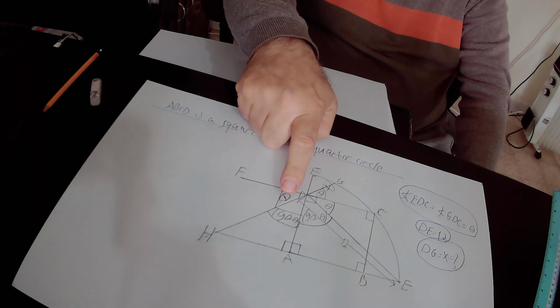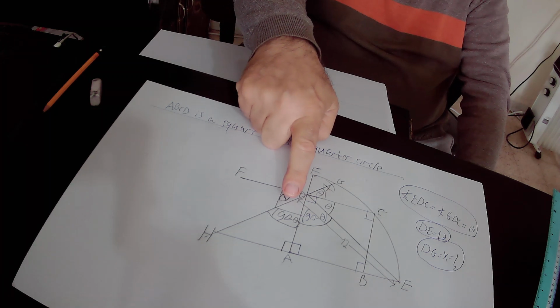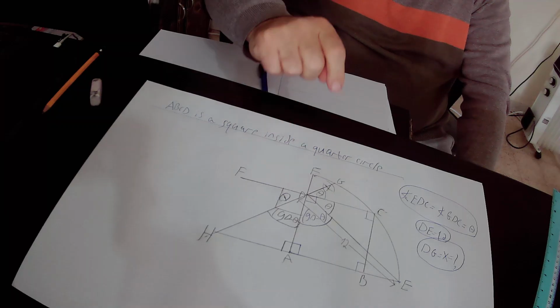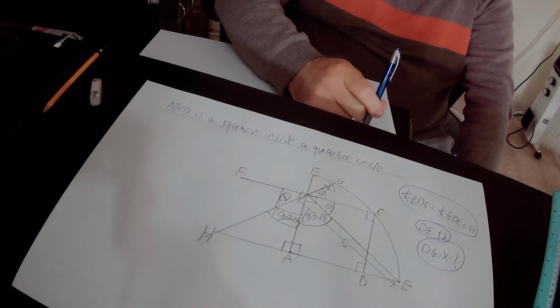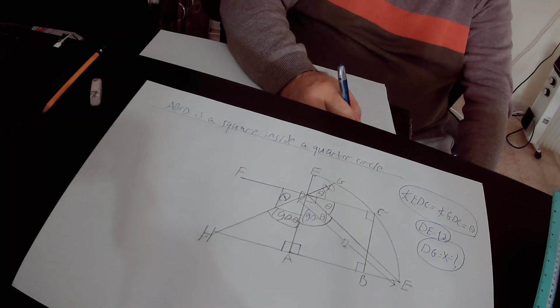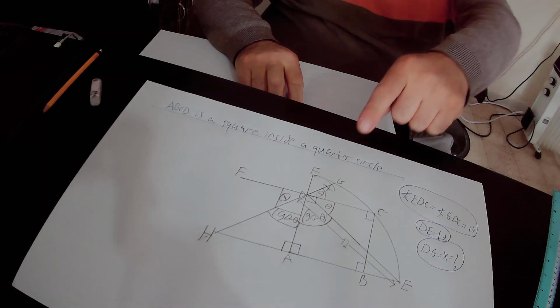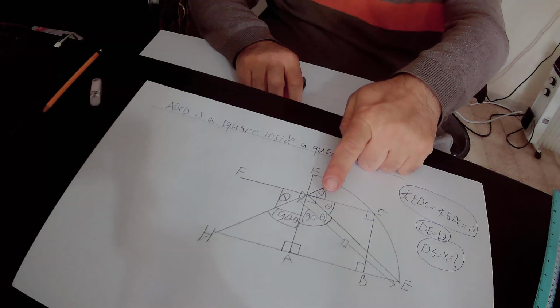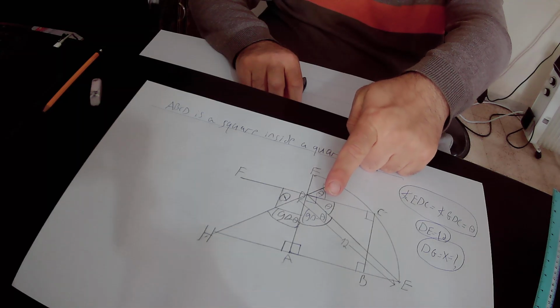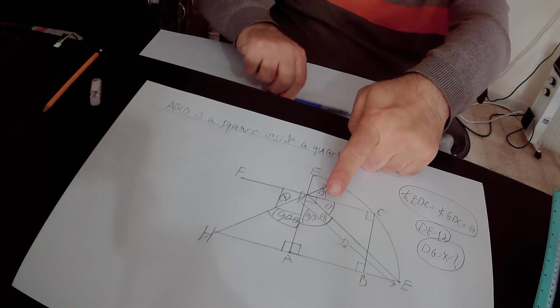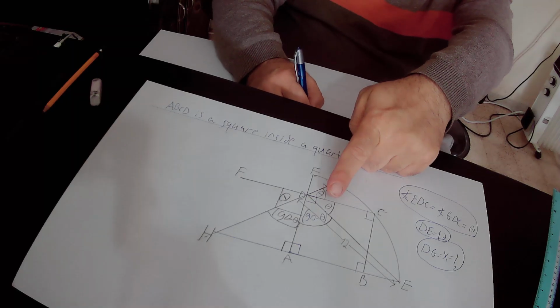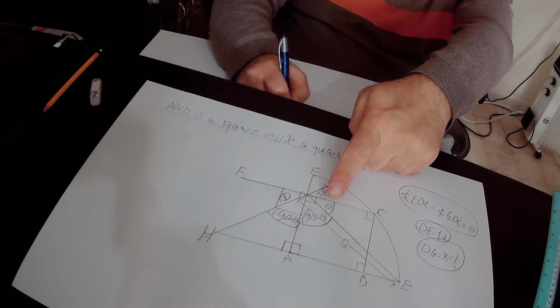So this is angle ADH in the right triangle ADH, and it is equal to this angle, which is actually angle ADE in the right triangle ADE.